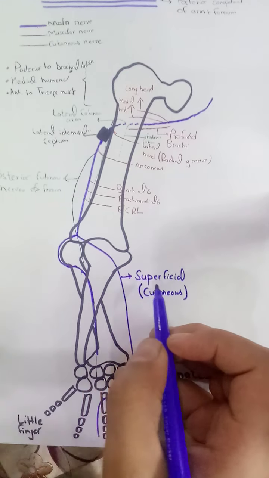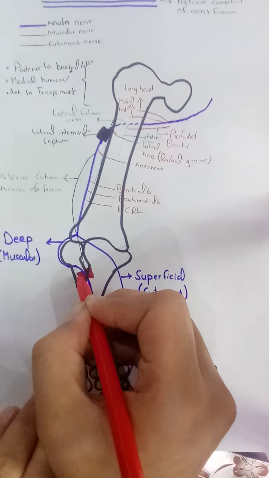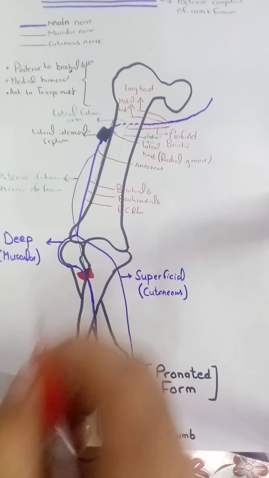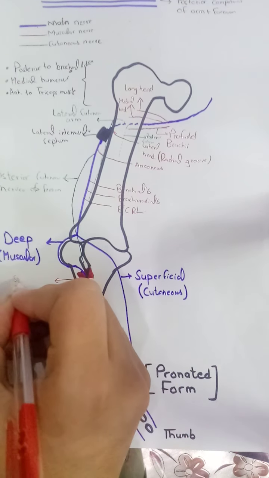It will supply the muscle. Now we will see these muscles. After winding around the neck of this bone, it will pierce a muscle, the supinator muscle, and it will also supply this muscle. This is the supinator muscle.